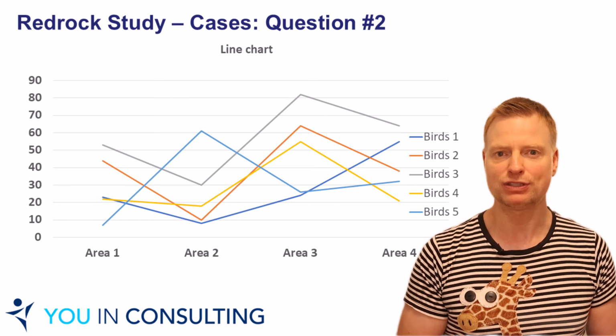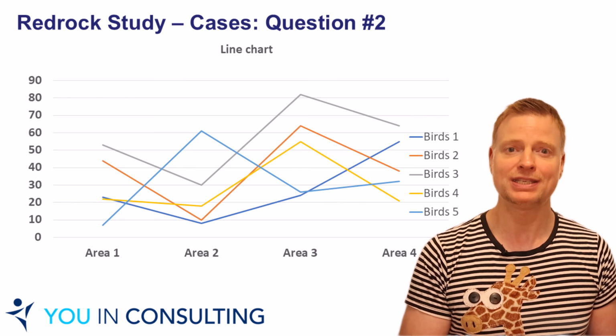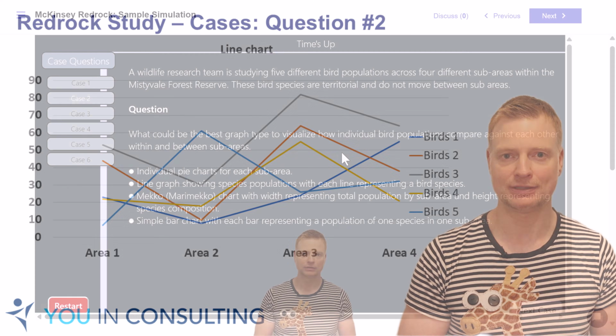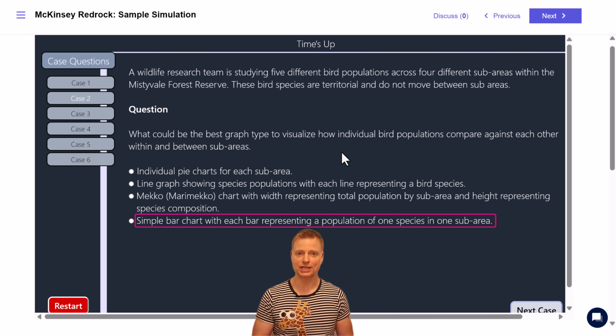As mentioned in the previous Redrock video, line graphs are usually best used when depicting a trend over time, with time in the x-axis.